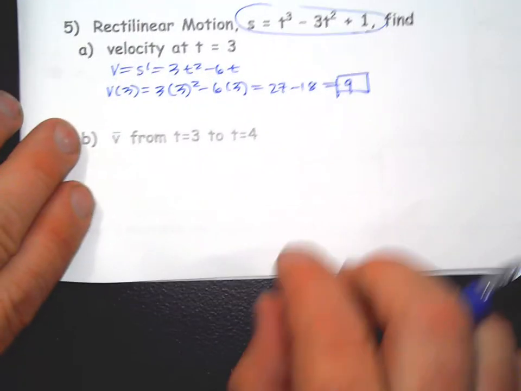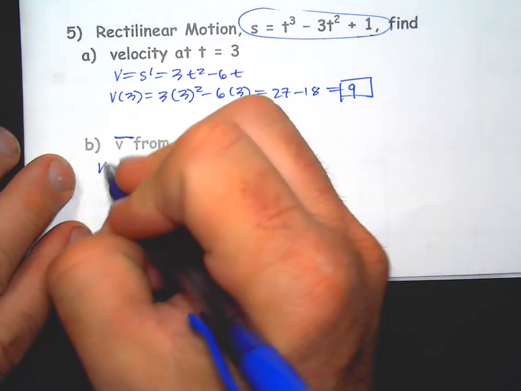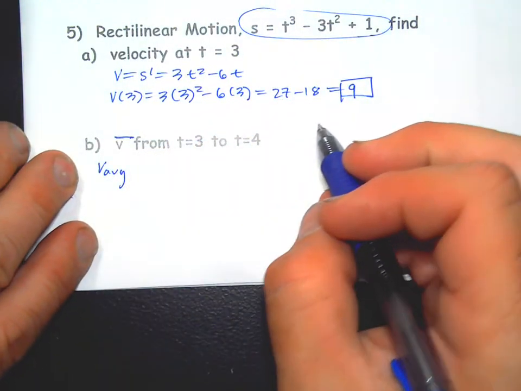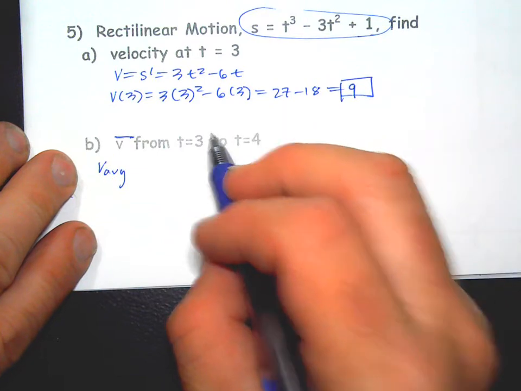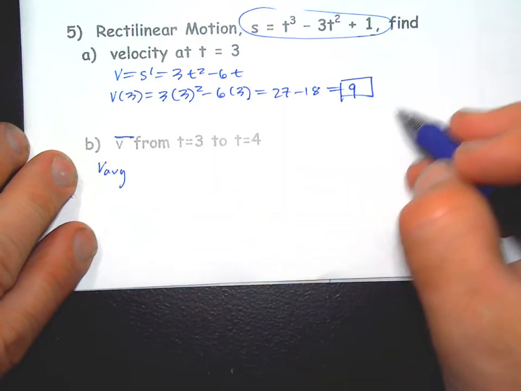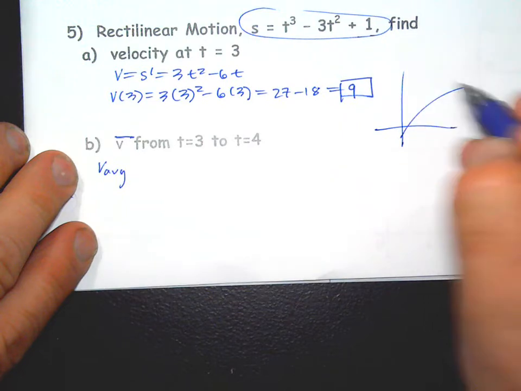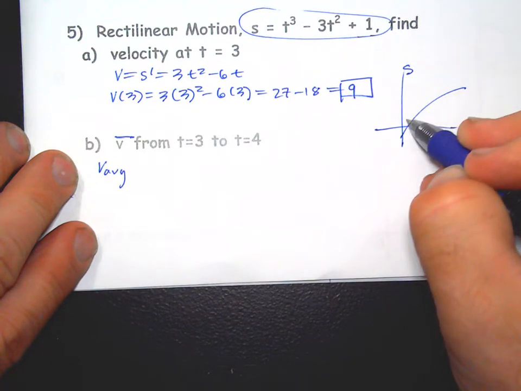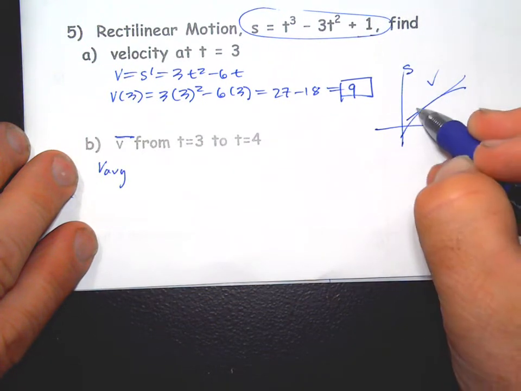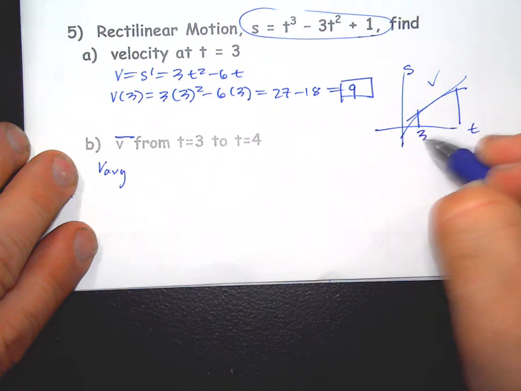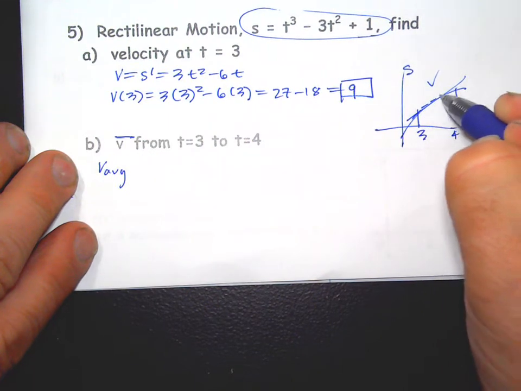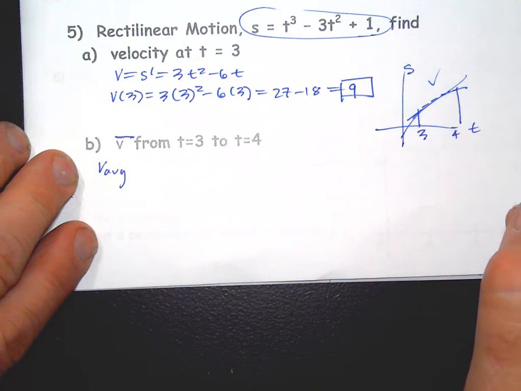Okay, now v bar right here, or average velocity, is going to be the slope of the position curve. It's the average slope. It's the slope of a secant. Like if you have your position curve, the slope of this is velocity. If you want the average of all the slopes between 3 and 4, then you want the average of all the infinite little tangent line slopes.